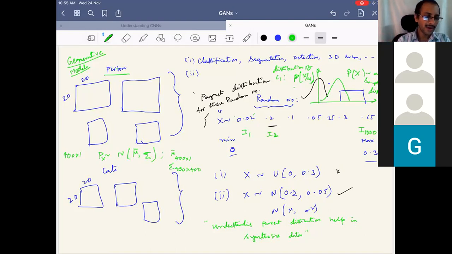Now say somehow we captured the parent distribution from which these persons have come. If I keep sampling from this distribution, what do you think will happen? Any answer? Quick answer. You understood or not, Prasad? Yes, sir.